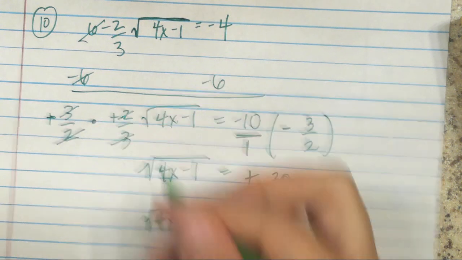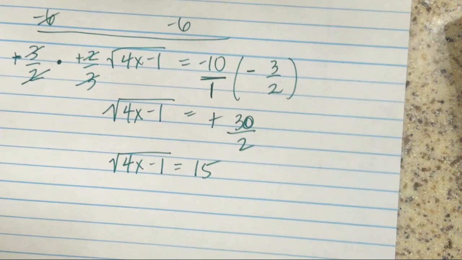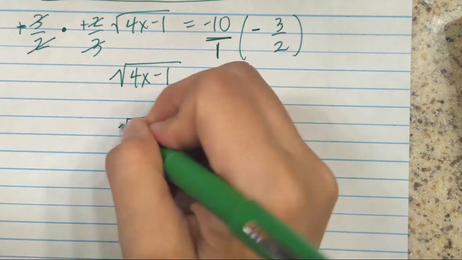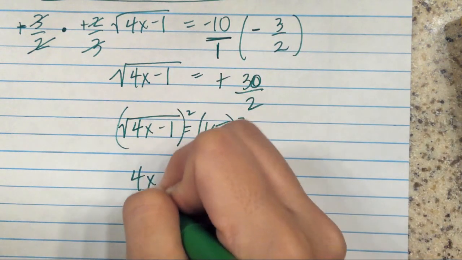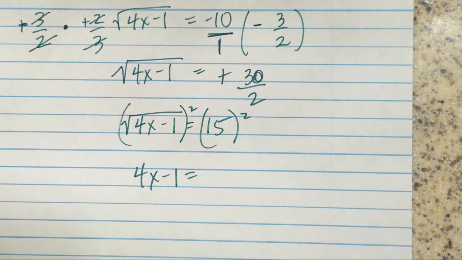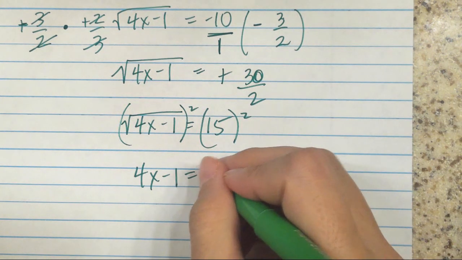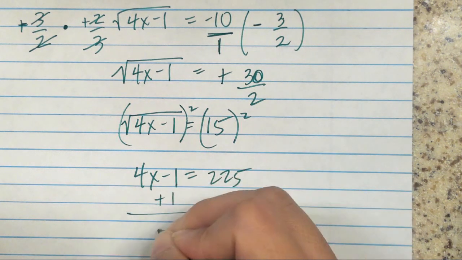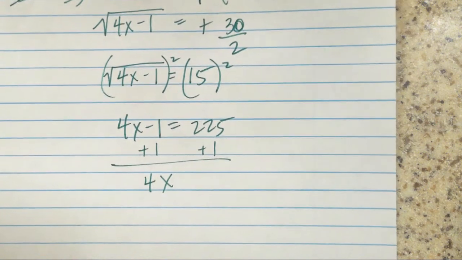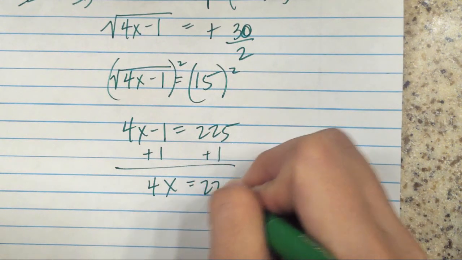Now I have my radical by myself, so we're in good shape. I'm going to square both sides. So I get 4x minus 1, and then 15 squared in my calculator is 225. Add 1. So 4x equals 226.